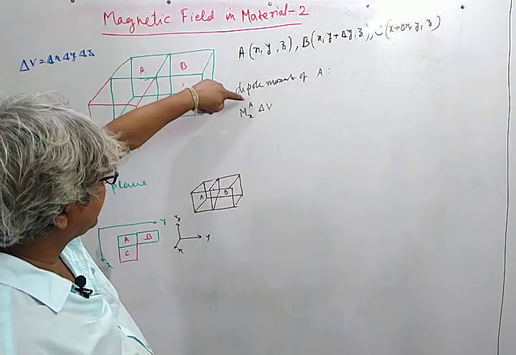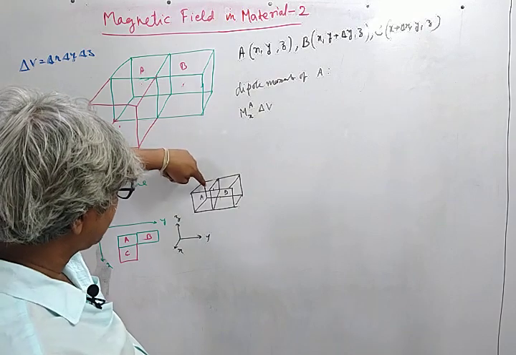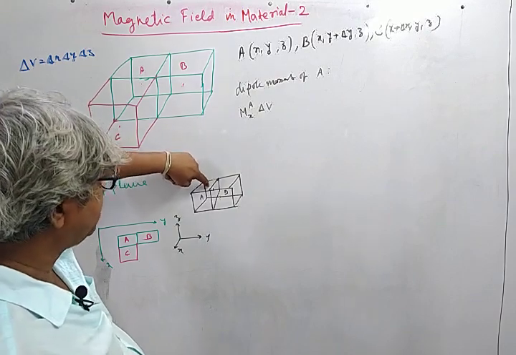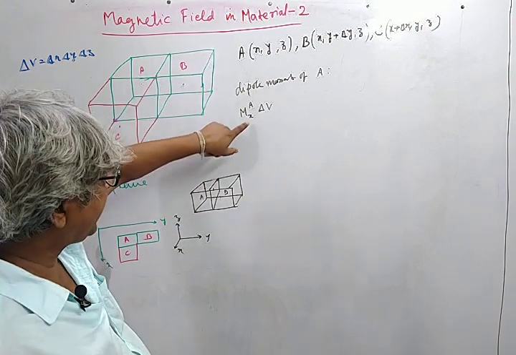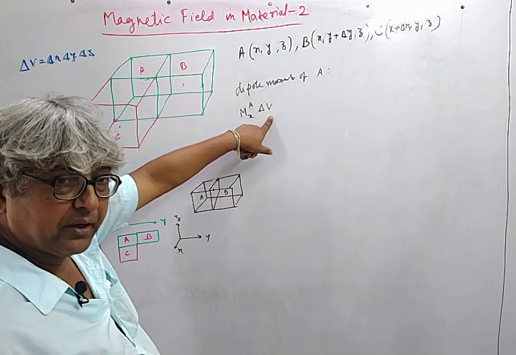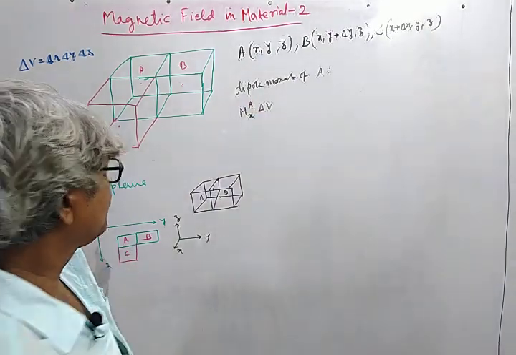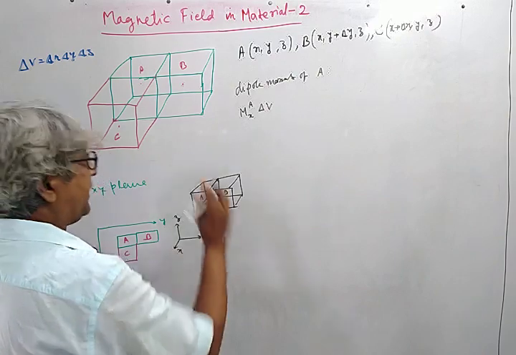The subscript A refers to the fact that it is within the volume element A at its central position, and x means its x component. So dipole moment per unit volume multiplied by delta V is the dipole moment of the volume element A.